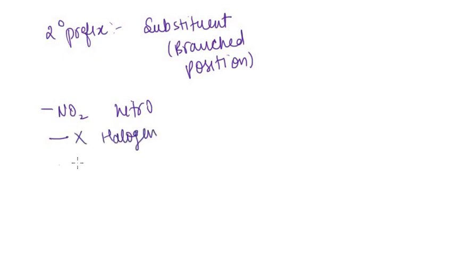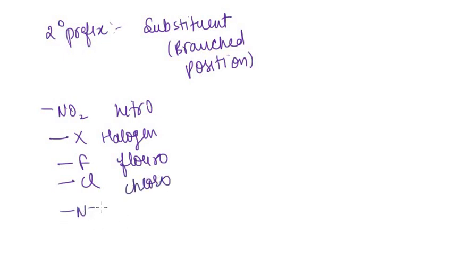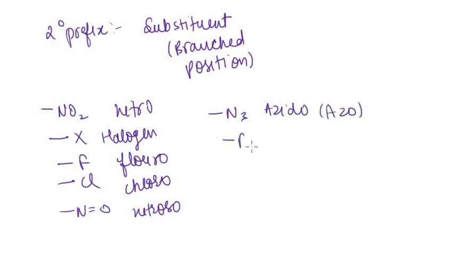Halogen is a general term, but if we have F, we call it fluoro. If we have Cl, we call it chloro. If we have N double bond O, we call it nitroso. If we have N3, we call it azido or azo. If we have R, we call it alkyl.